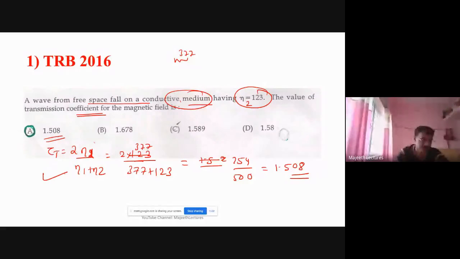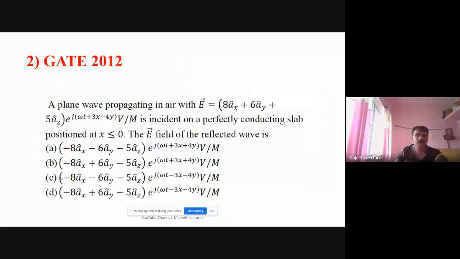Okay. Next one. A plane wave is propagating in air with the electric field incident on a perfectly conducting slab positioned at x is equal to 0. What is the electric field of the reflected wave? Right? So this is the way it is coming.